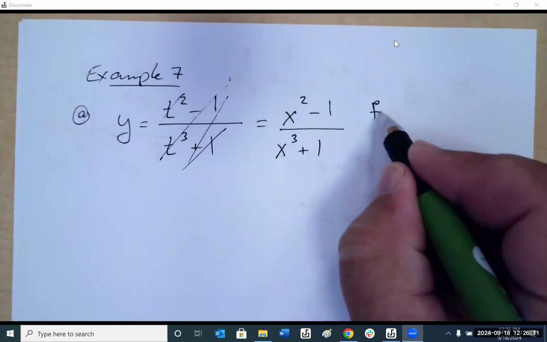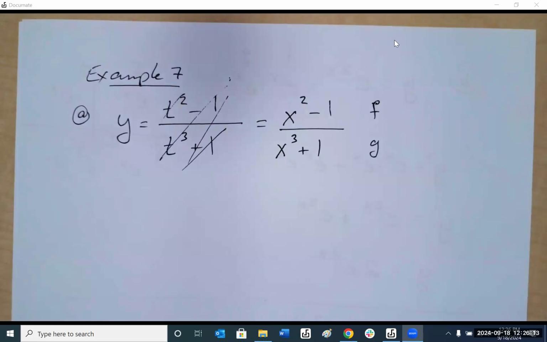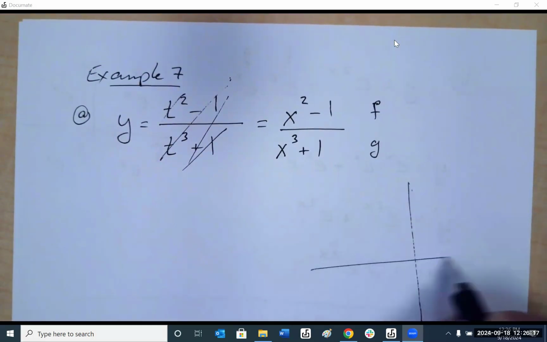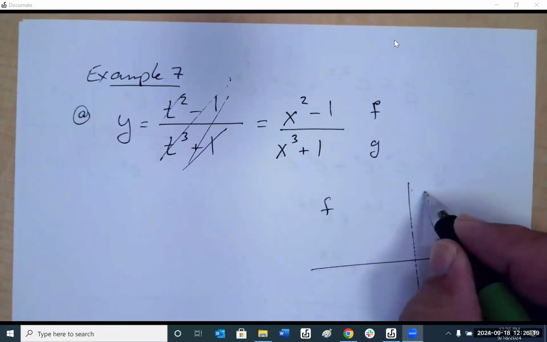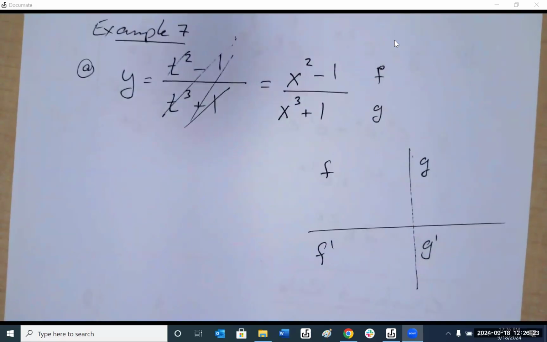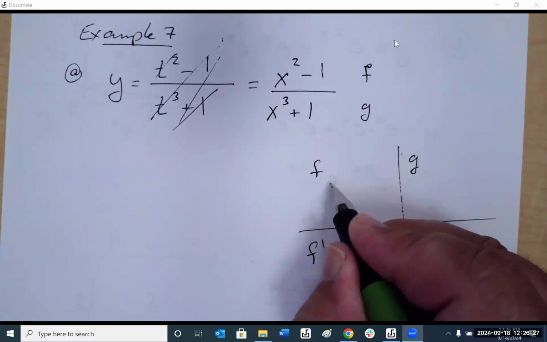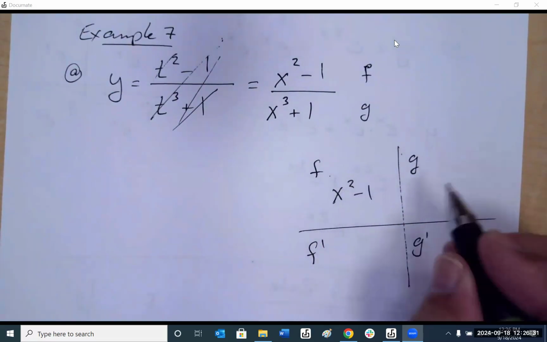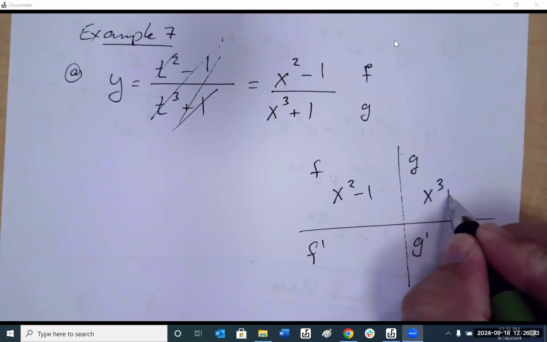So here's my f and there's my g. The f function is x squared minus 1, and g is x cubed plus 1.